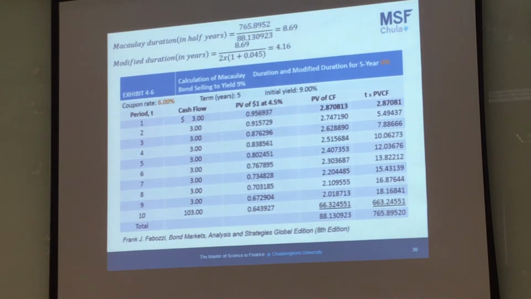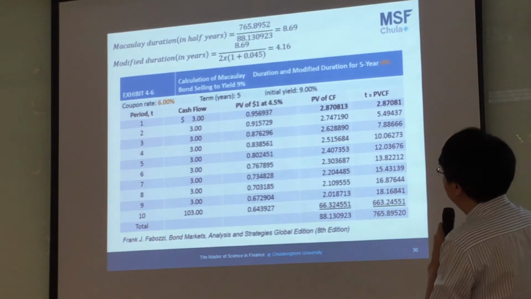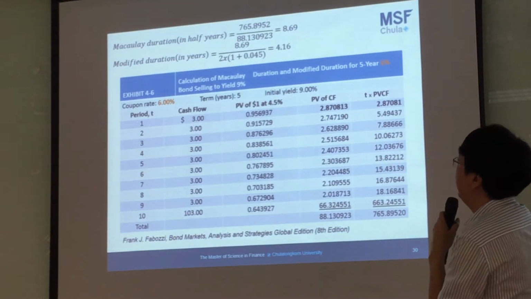This is just another example. Okay, basically just the same thing. But in this case, the coupon rate is 6%.